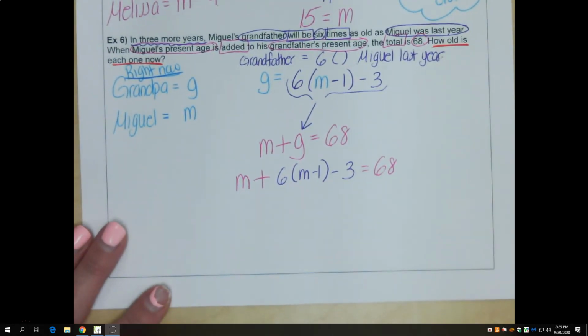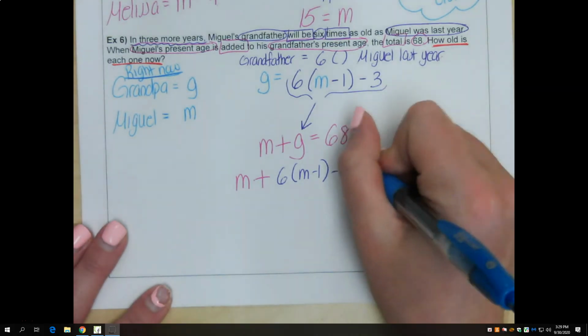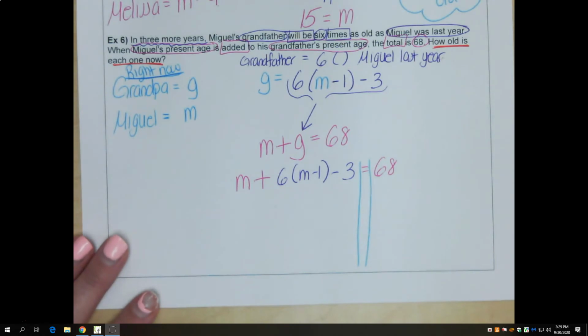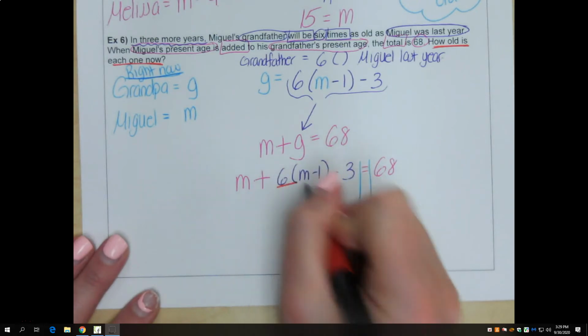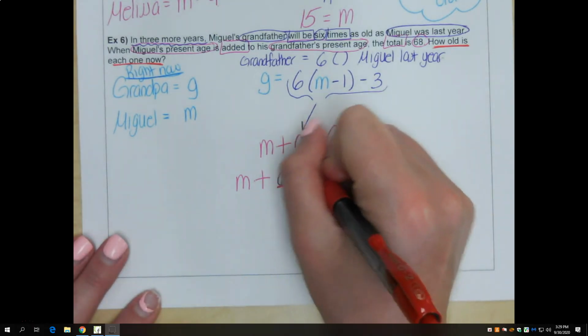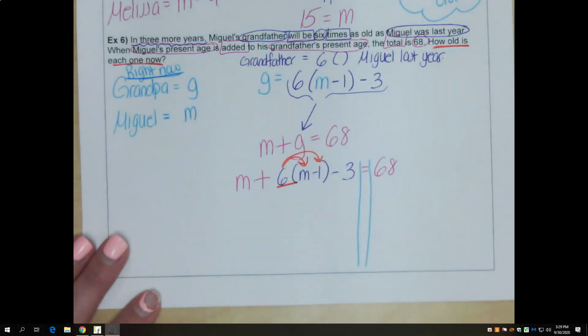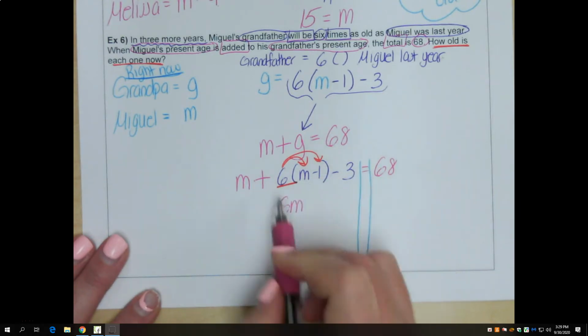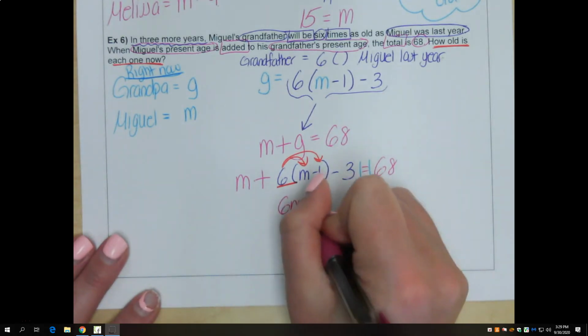So I'm going to drop my train tracks here, and I'm just going to start solving. If I look at the left-hand side of the equation, it's very busy. There's a lot going on here, so I want to clean this up. Anytime I see parentheses, I think multiplication. I'm going to look at the coefficient, that number in front, and it's a 6. So I'm going to distribute 6 to M and to the negative 1. 6 times M is 6M. 6 times negative 1 is negative 6.